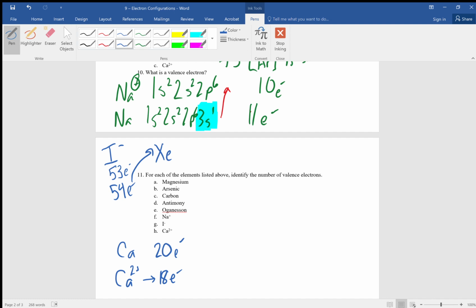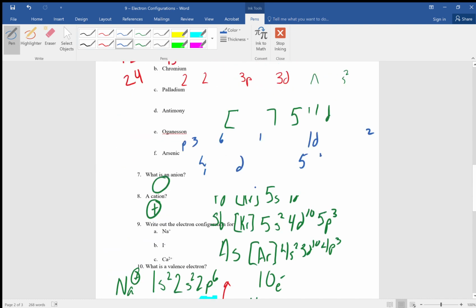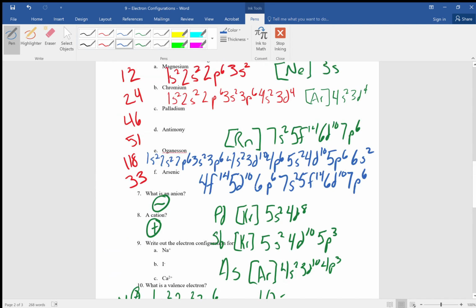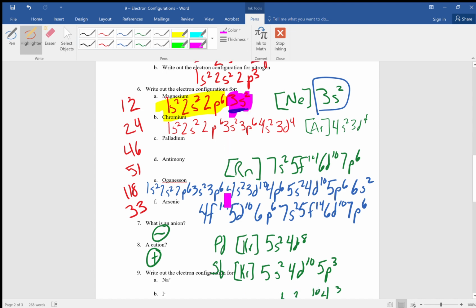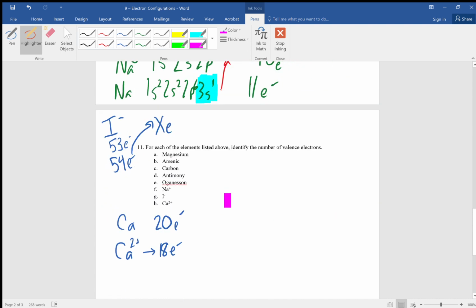So for magnesium, if we recall its configuration, magnesium's configuration ended at 3s2. So only those 3s2 are valence electrons. The other ones, the ones at the 2 level and the 1 level, are at a lower energy level. And so those are not valence electrons. Only the 3s is a valence electron. So for magnesium, we would have 2.